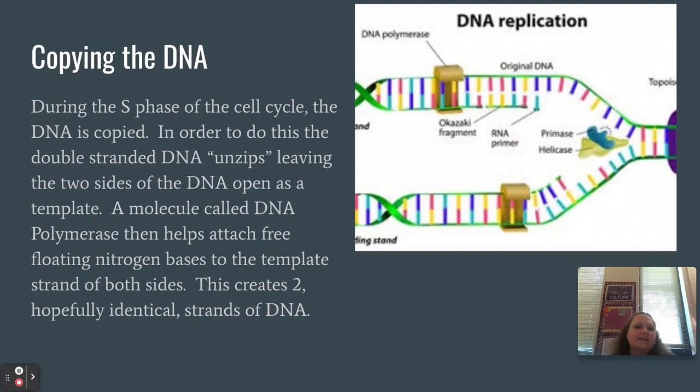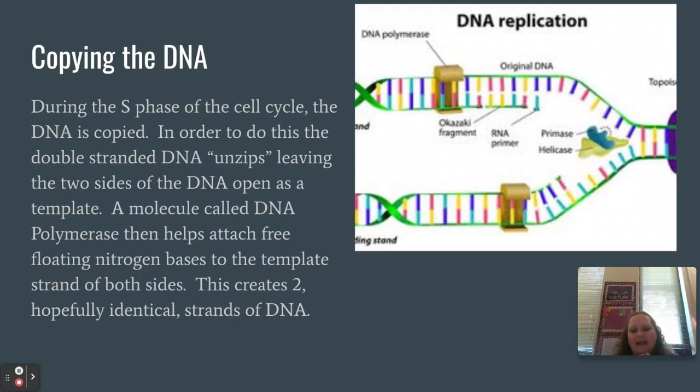The reason that it does that is it allows it to make a complete copy. Remember, the DNA will only bond with the nitrogenous bases that match it. So A's are going to pair with T's, and C's are going to pair with G's. By doing this, they're able to make a copy.